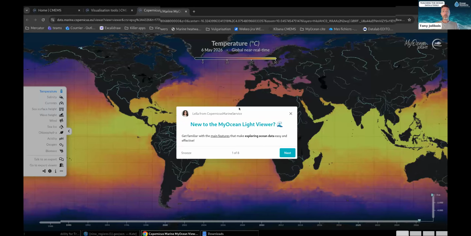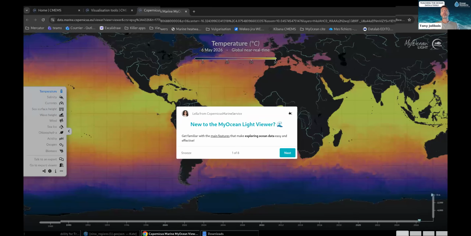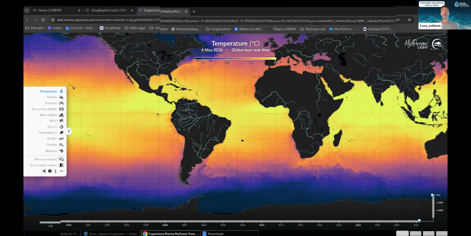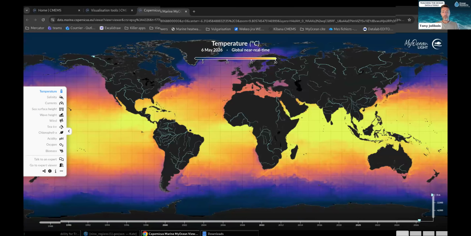So first, MyOcean Lite. You see there is a tour proposed for new users. This tool allows you to display about 10 essential variables of the ocean, of the blue, white, and green ocean, from 1993 to forecast.